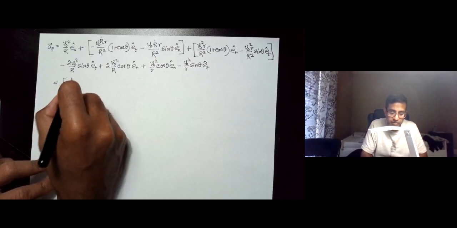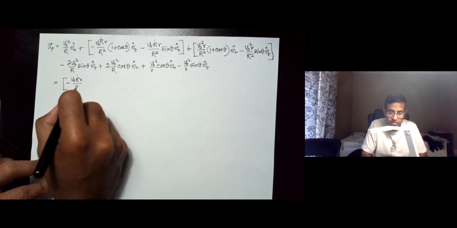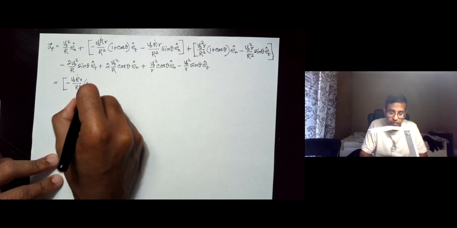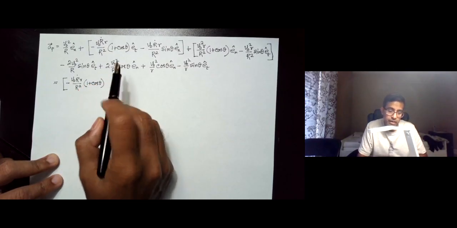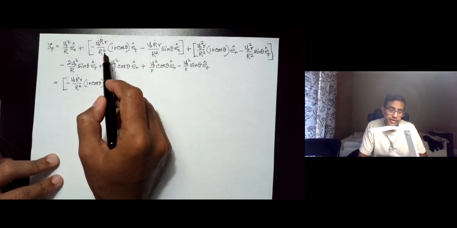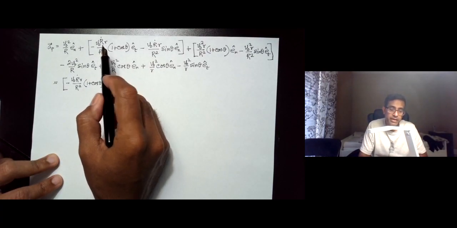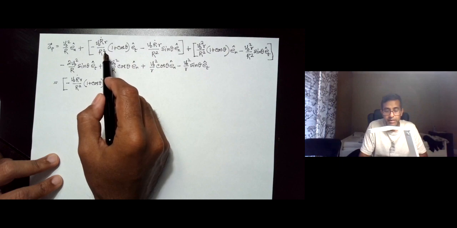So we have minus V naught capital R dot R divided by R squared 1 plus cosine theta. When you are doing these derivations, it may not be a bad idea to just check the units to see if really what you are getting is an acceleration, or if not, then you have some algebra mistake probably somewhere.